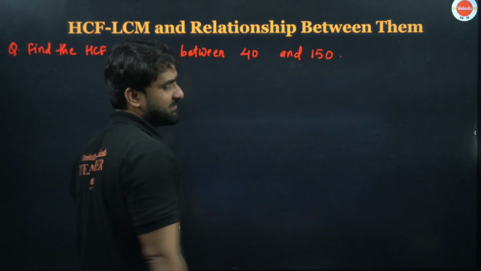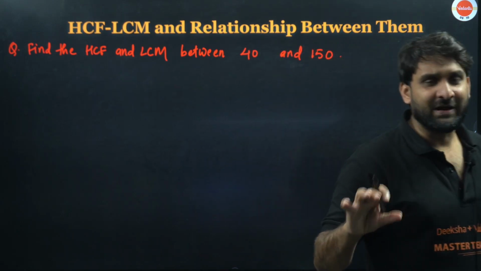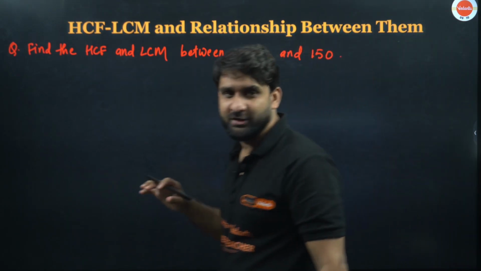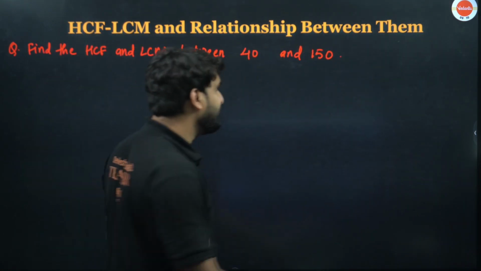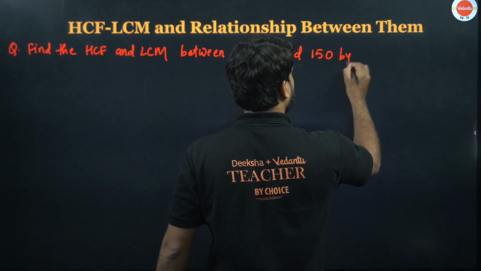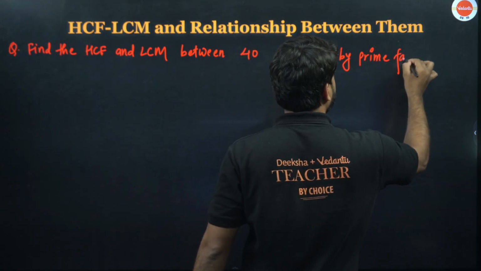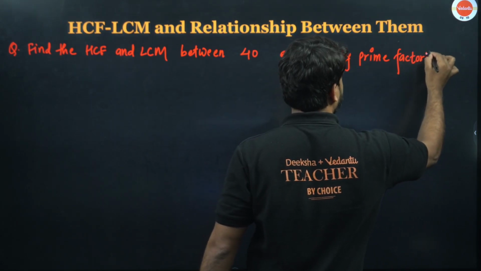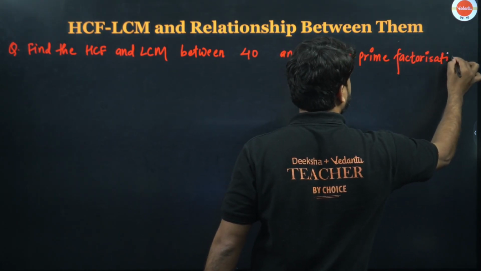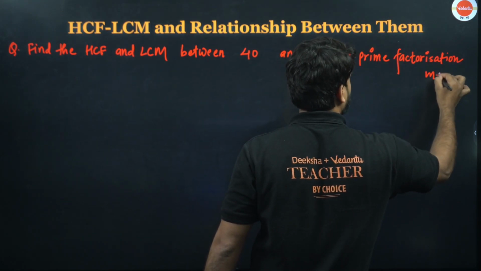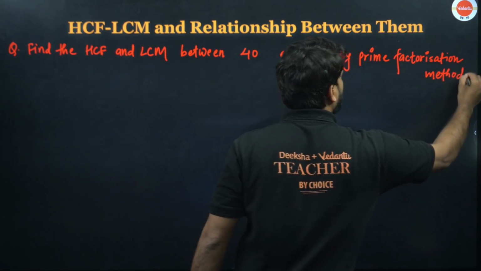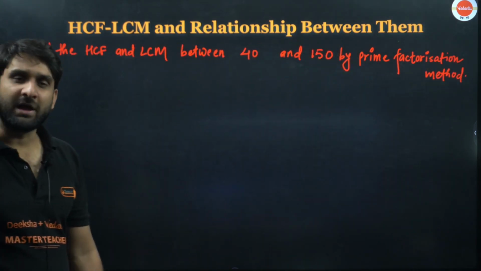This is the question. For example, find the HCF and LCM between 40 and 150, using the prime factorization method. Okay, everyone? By using the prime factorization method.